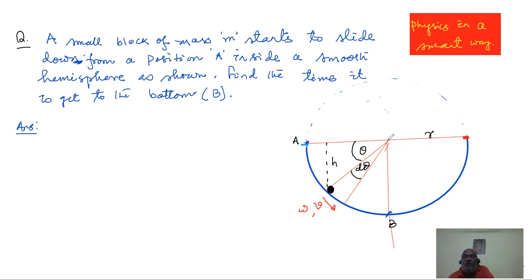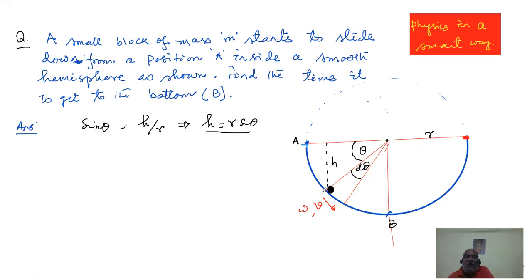The circle that we are considering has a radius r. And if you consider this right angle triangle, we know that sine theta will be equal to h by r. Cross multiplying, we get h equal to r sine theta. This we keep in reserve for our future use.